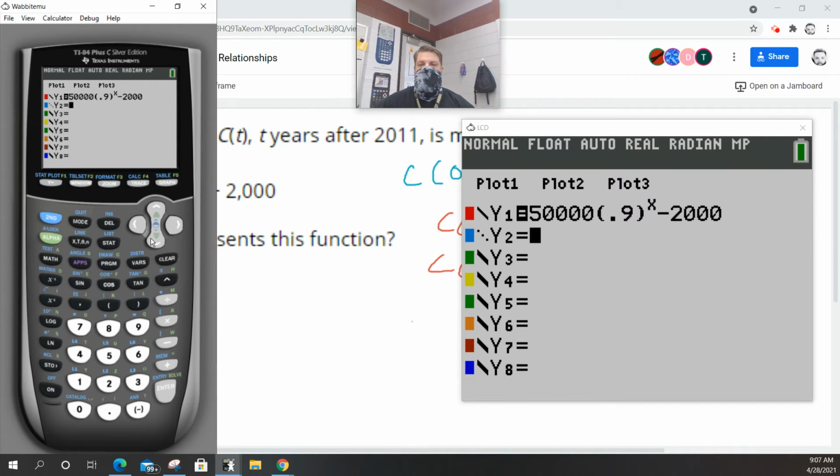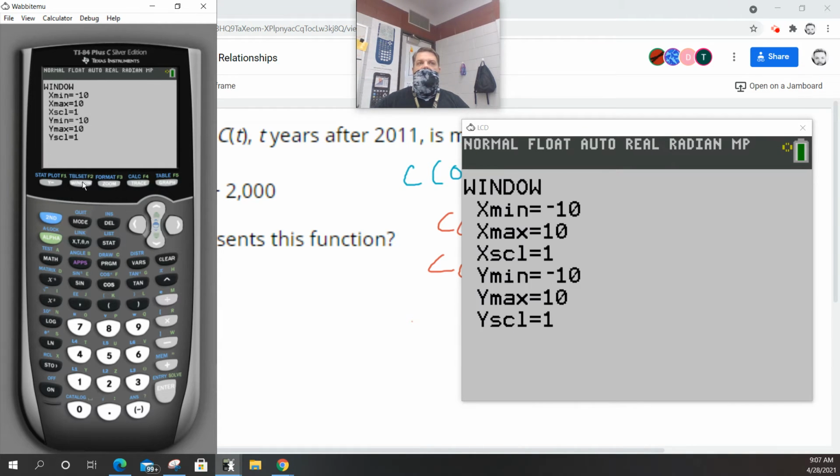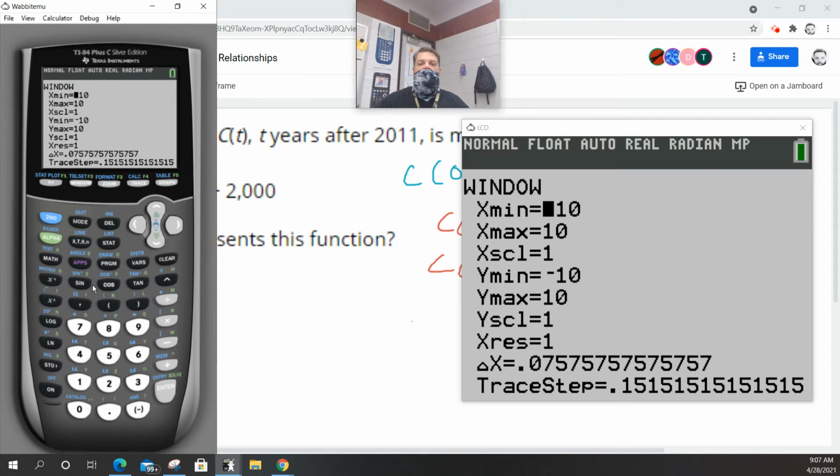Now, I'm going to graph this, but I know it's going to be some big numbers. I know that my y-intercept is 48,000, so I've got to set that in the window on my graphing calculator. Click on window. Our x minimum is going to be 0, but our x maximum is going to have to be 60,000.